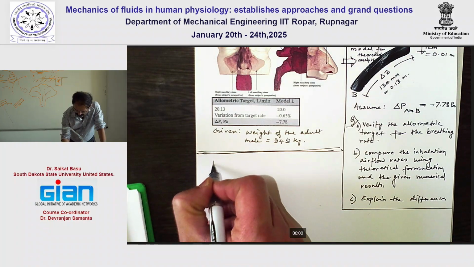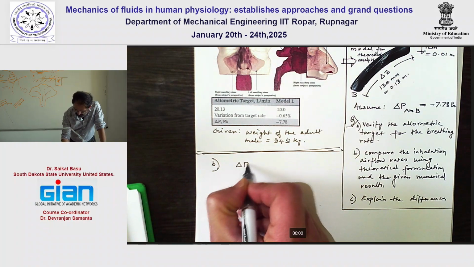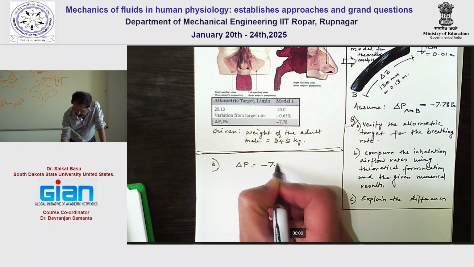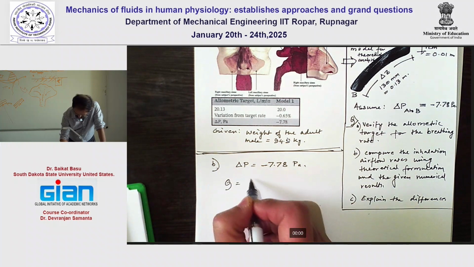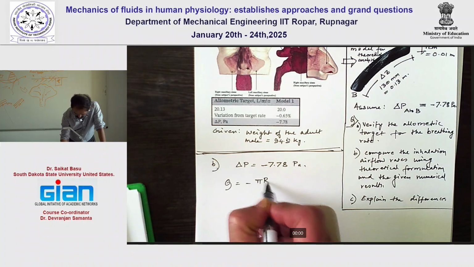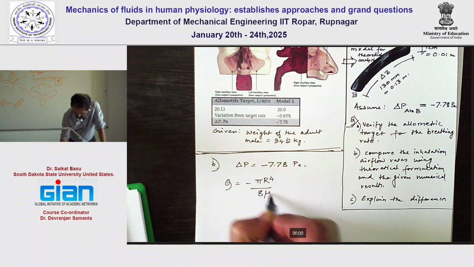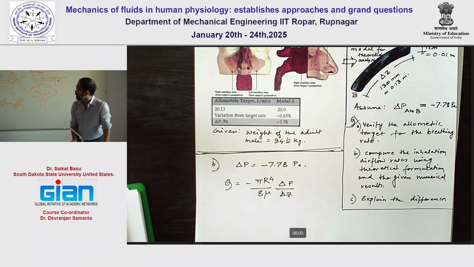So part B, delta P is negative 7.78 pascals, and we are trying to generate Q, which is minus pi R to the fourth over 8 mu, times delta P over delta Z. All these parameters are given to us.